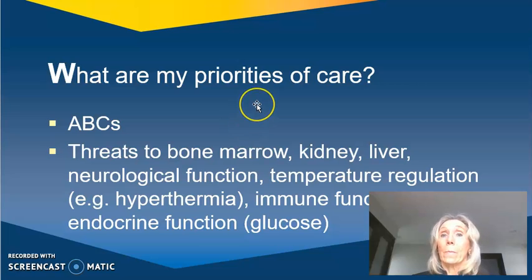Some of the drugs you're going to be learning about cause a problem called malignant hyperthermia, which causes the body temperature to rise very dramatically, and that can be life-threatening. And some drugs can also cause problems with altered glucose, which can be life-threatening as well. So think about those things that need to be assessed because they can present a problem to that patient's well-being.